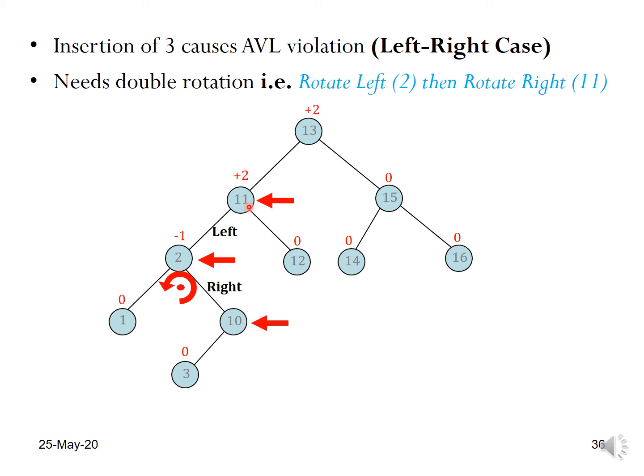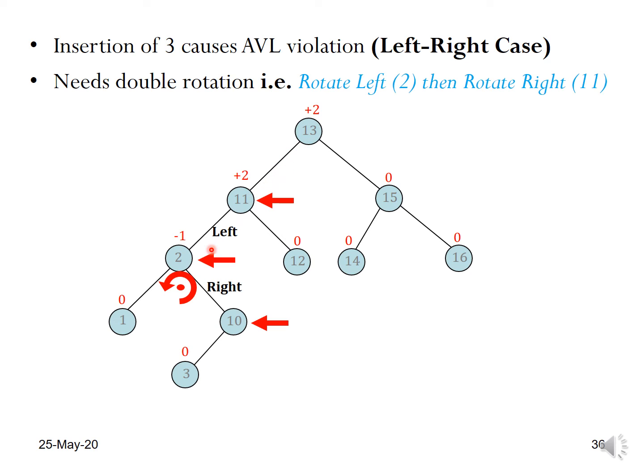Now we have to rotate. First we will see which type of case this is. This is the left right case, or rather we can say this is the left left right and then left case, because the inserted node is here. So we'll check from here. It is on the left of 10, and 10 is on the right of 2, and 2 is on the left of 11, and this 11 is on the left of 13.